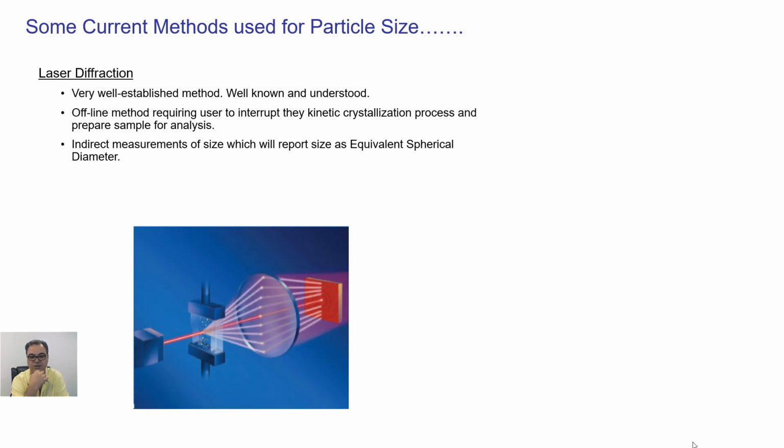One current method, which is extremely popular, is laser diffraction. Laser diffraction is a very well established method, very well known, very easy to use. It is an offline method. Because it's an offline method, it does require the user to take specific aliquots of sample during the crystallization process.